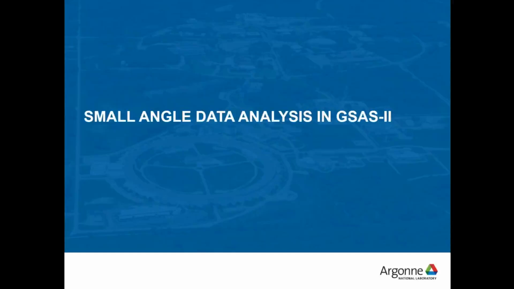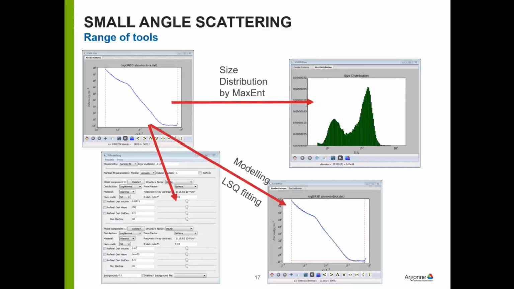Okay, small angle scattering. Heard all about that this morning. Then I give you another look at it with respect to what's in GSAS-II. And basically, there's a range of tools available to you. One is, here's your data, and you can get a size distribution, which is sort of like a Fourier transform of the diffraction data.